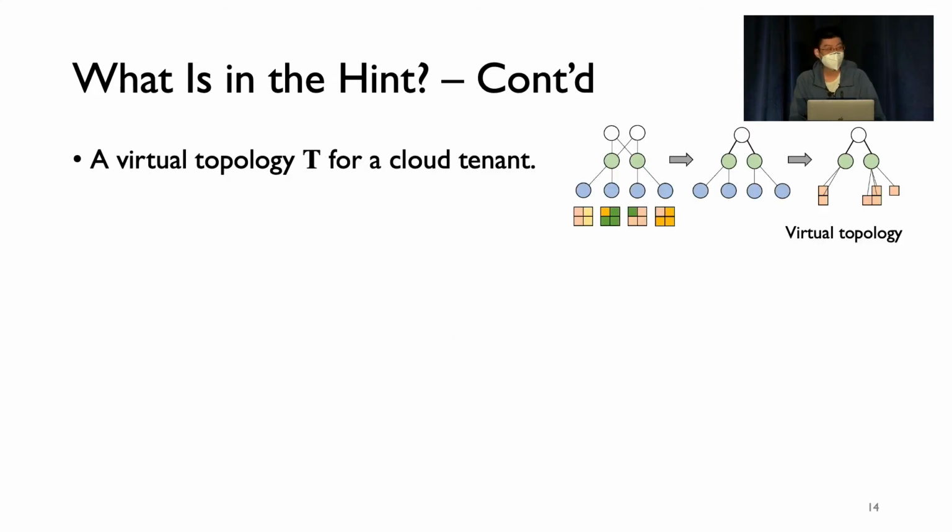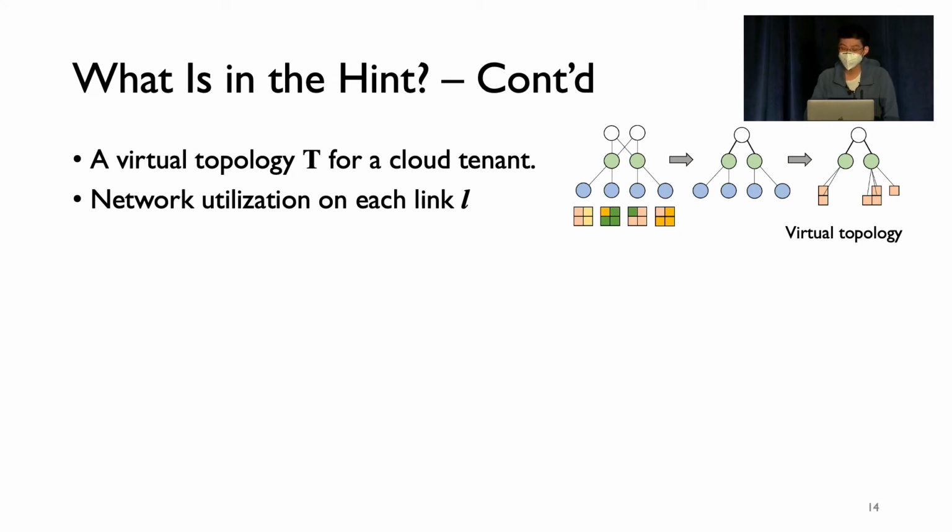Second, apart from providing the virtual topology, NetHint also allows applications to react to the hotspots in the network by providing the link utilization within each virtual topology. But describing the network utilization requires some techniques. First, we can simply report the total bandwidth on each link.